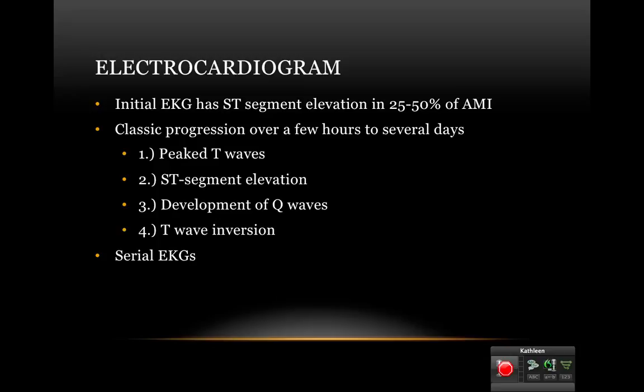Q waves indicate necrosis, dead tissue, and makes the diagnosis of infarction. Significant Q waves of at least 1 square on the vertical axis, which is 0.04 seconds, or 1/3 of the entire QRS amplitude. Significant Q waves indicate the necrosis of myocardial infarction.